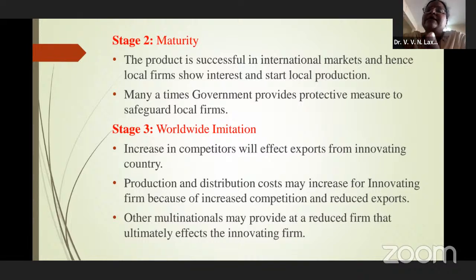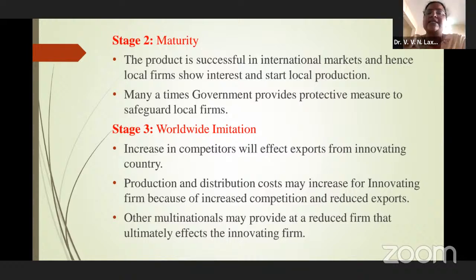The second point is, once the product is seen to be successful in the international markets, there is every possibility that local firms might be interested, or some other MNCs might be interested, and they start copying that product, or they start modifying that product and introducing their brands in that particular product range.